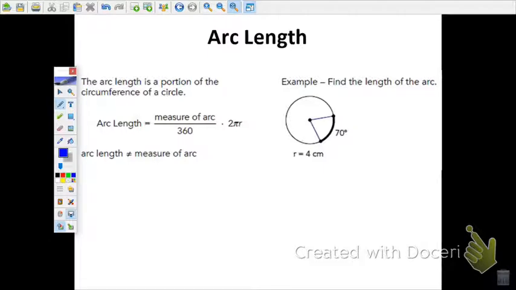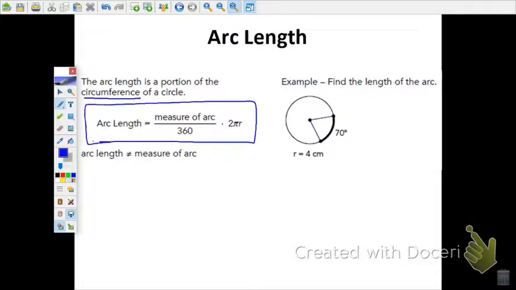So the arc length is a portion of the circumference of a circle. Below that, you've got empty space. You are going to want to write in this formula.